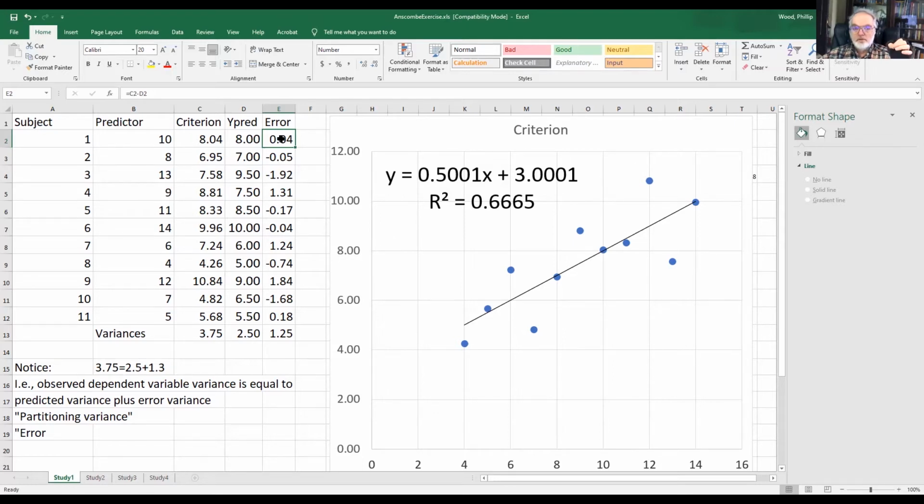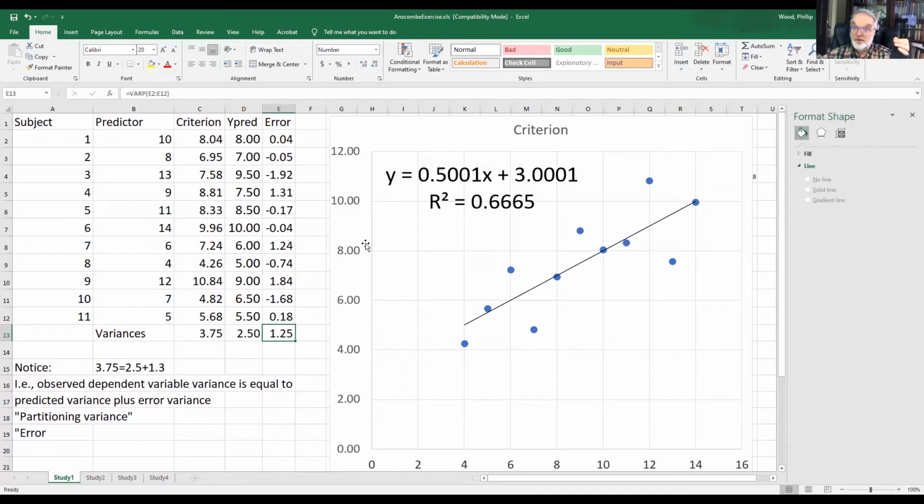And the other thing that we can notice about this is the y variable, my predictions, and these error terms all have a variance. So in my data set, the variance of the y variable was 3.75. My predictions have a variance of 2.5, and my errors of prediction have a variance of 1.25.